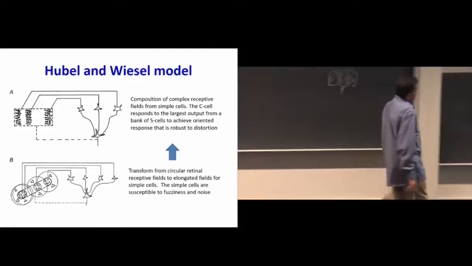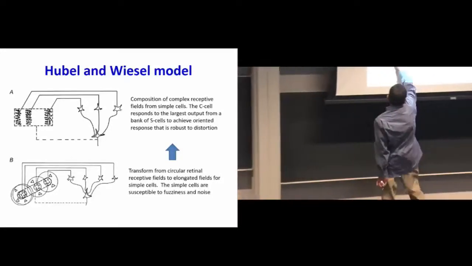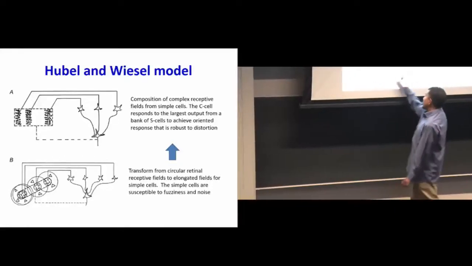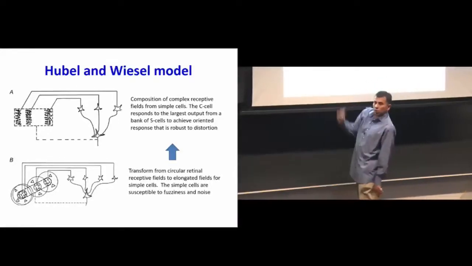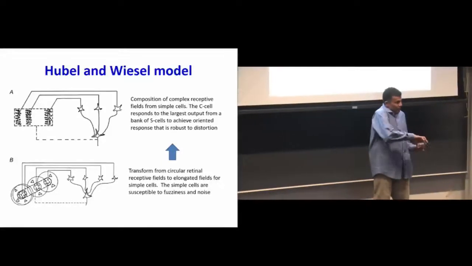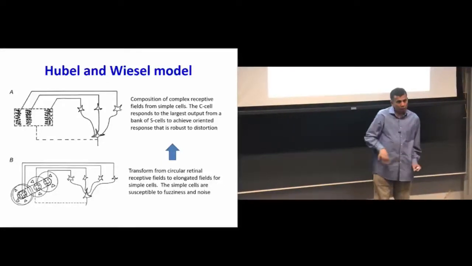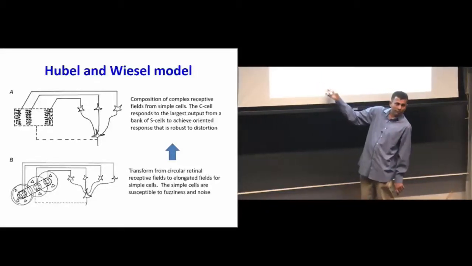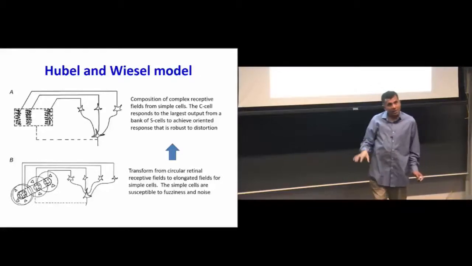The retinal cells would have responses like these. They're all kind of circular. But the S cell combines the responses from many retinal cells, and these retinal cells would be arranged in some pattern along some orientation. So if all of these fired, this cell would fire. And if adjacent cells fired, it wouldn't.